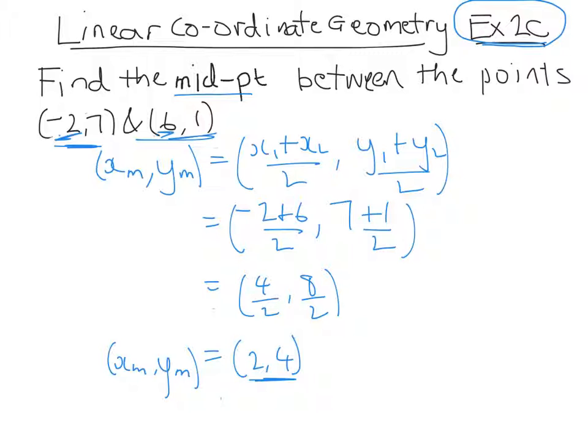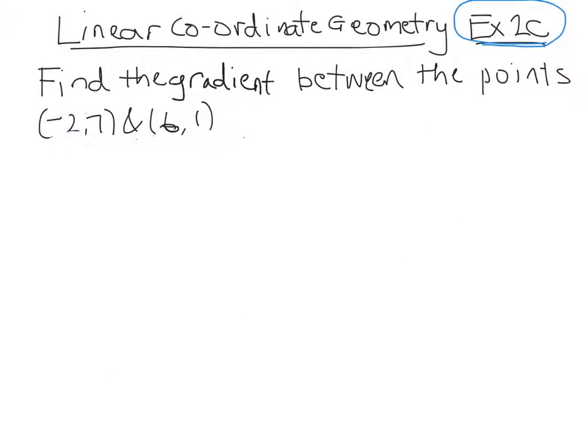Alrighty, a couple more to go. What about if we now have to find the gradient between these 2 points? The same sort of thing: here is x1, here's y1, this is point number 1, here is point number 2, and the x-coordinate of point number 2 is 6, and the y-coordinate is 1.